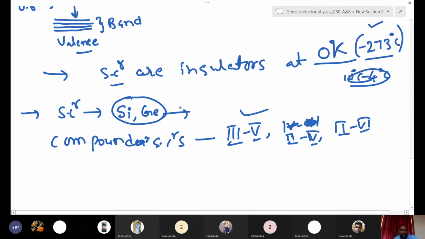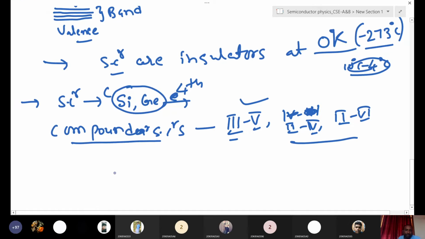If you combine third and fifth group elements, that is also a semiconductor, and we call these compound semiconductors.